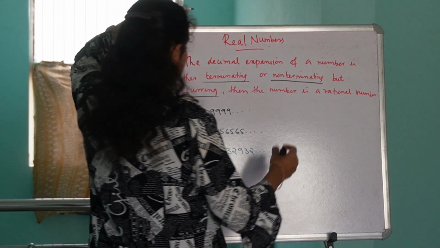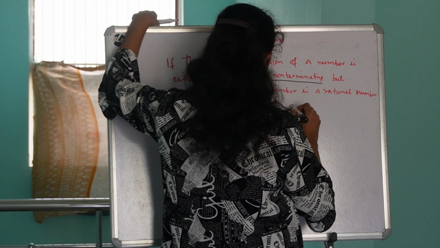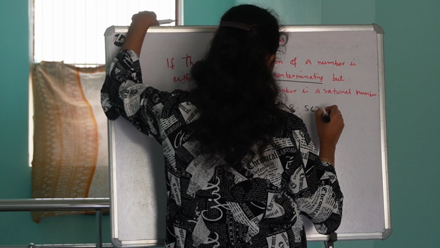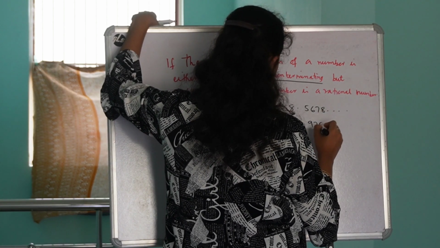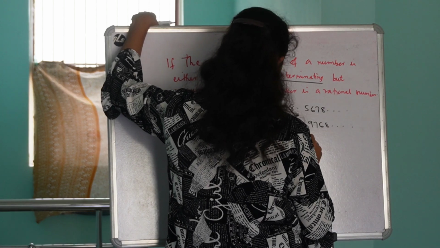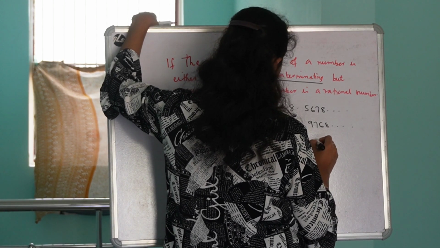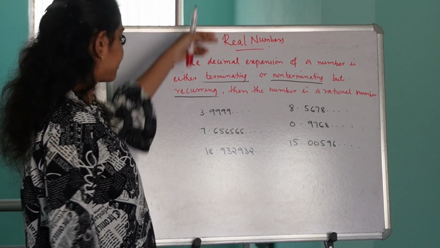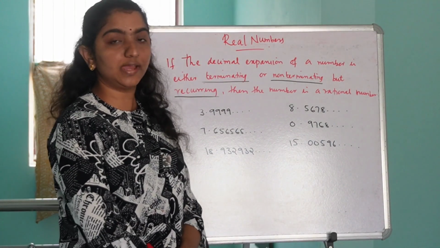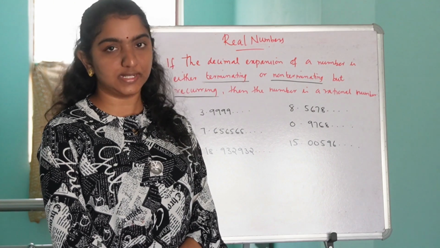Again, another set of examples. 8.5678, it goes on. 0.9768, it goes on. 15.00596, it goes on.